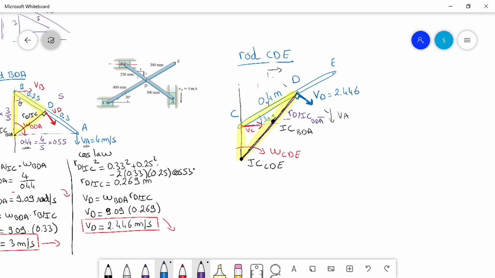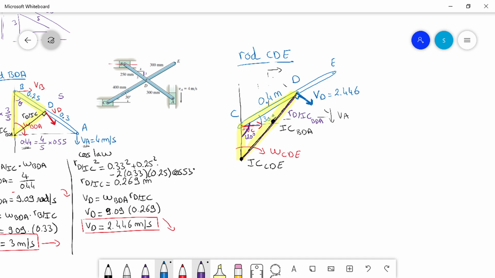So what can we use? We need some angle. We have the 0.4. We have this angle there, we have 30, and we know that this one is 90. So we have a total angle there that is 120 degrees.